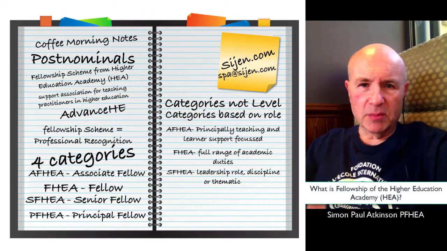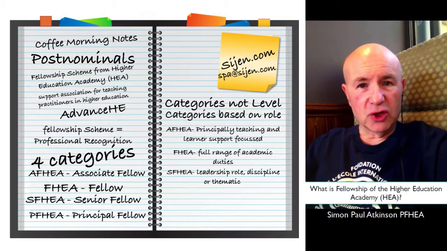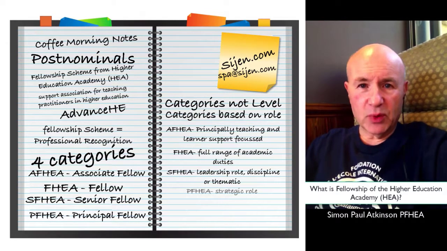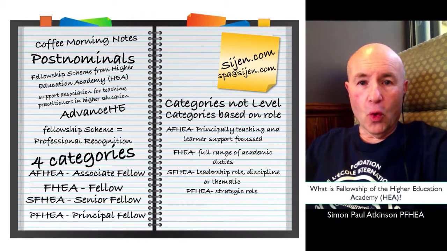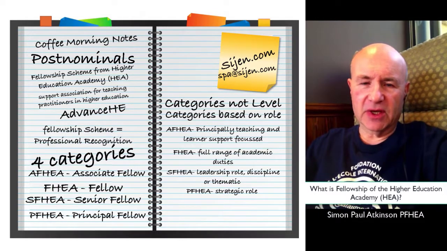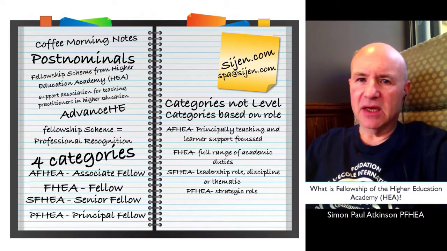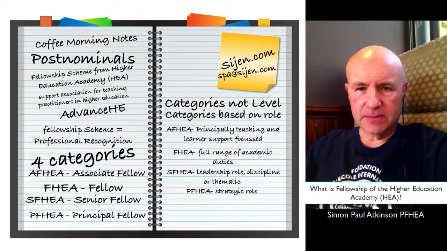They might lead on employability or international students or some aspect of practice, usually across their institution, but very often between institutions. And principal fellows have a strategic role, again, very much within an institution, but very often between institutions. So they'll have an institution-wide strategic impact, or a very significant thematic lead within the sector.